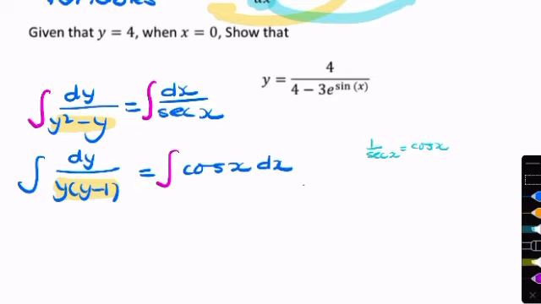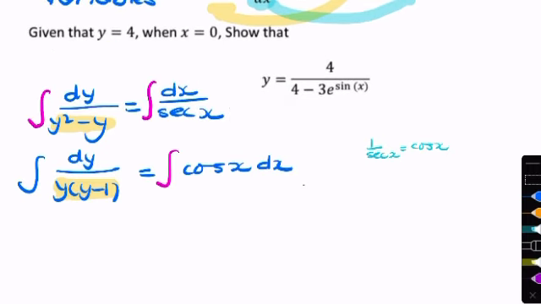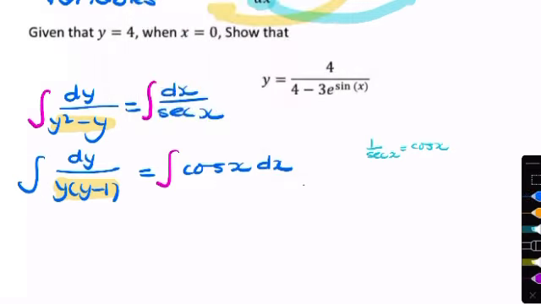And in a different color, I can write this as two fractions, A over y and B over y minus 1.